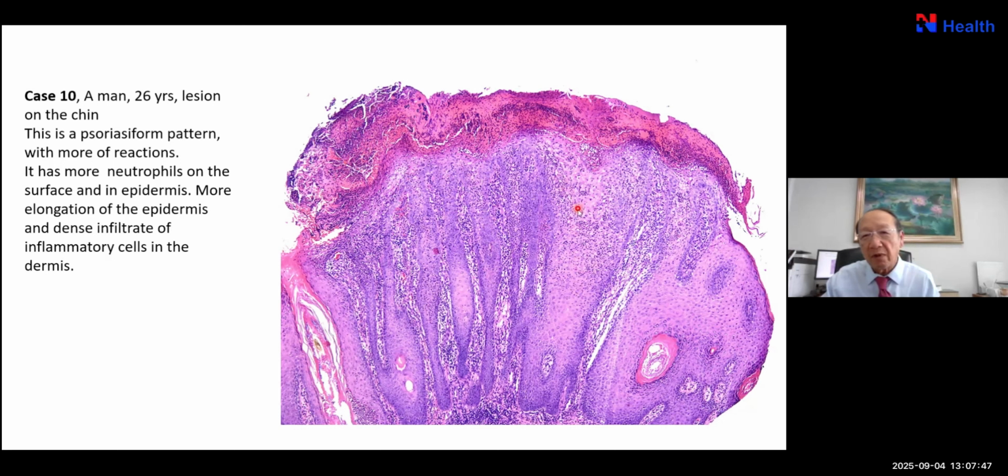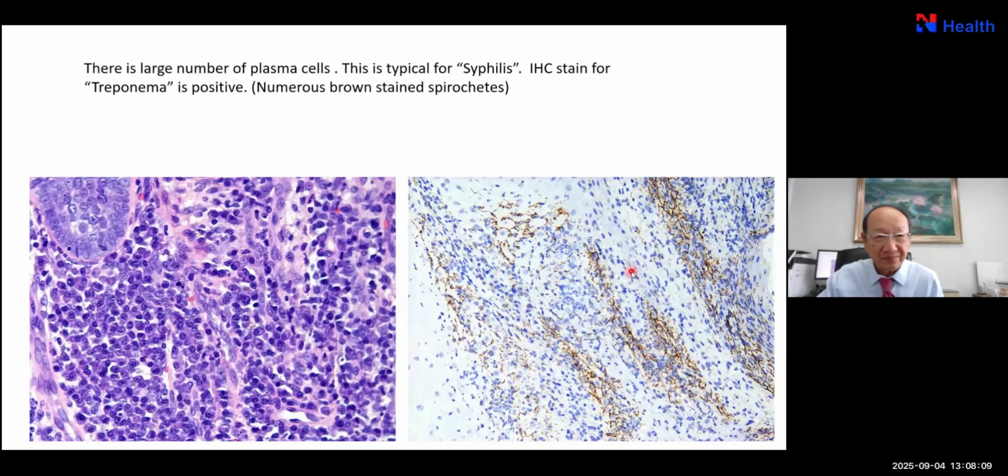Most of those in the epidermis are neutrophils, but those in the papillary dermis are different. And if plasma cells are found in association with a psoriasiform pattern, that's syphilis.